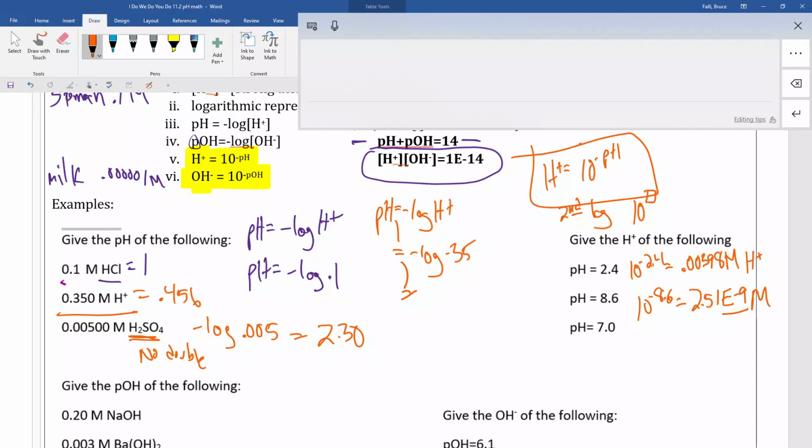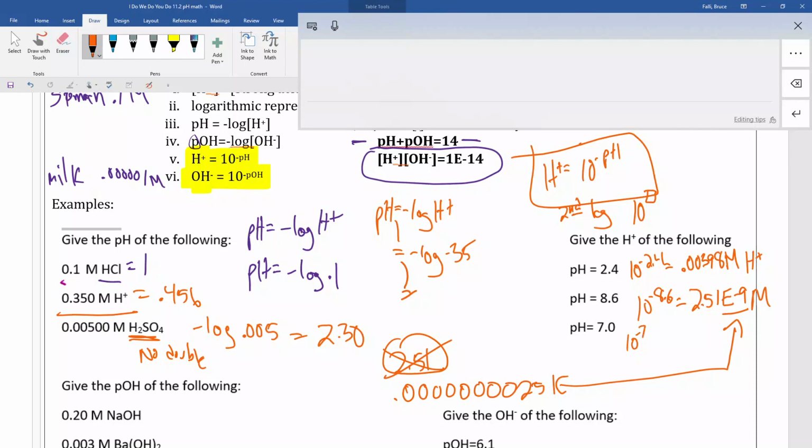Because there's a huge difference between 2.51 and 0.12345678251. These are the same number. This does not equal those. And if I do 10 to the negative 7, I put that in my calculator, I get 1 E negative 7 molar.